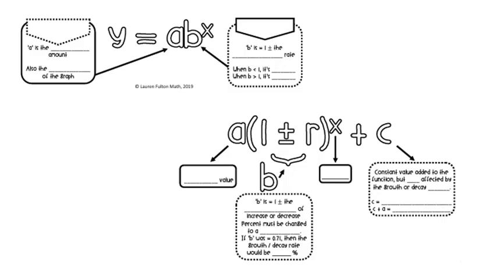It is the 1 plus or minus the r value. That took the place of b. B is 1 plus or minus the rate. R is the rate of the increase or the decrease. The percentage must change to a decimal.